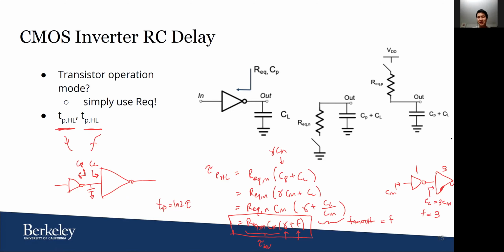And what we define as the input for the larger one is just CL? That is correct. You're talking about the capacitance looking in, so what you see looking into this guy is only CL, but what you see looking out from here includes the previous inverter's capacitance. Okay, sure. Thanks.